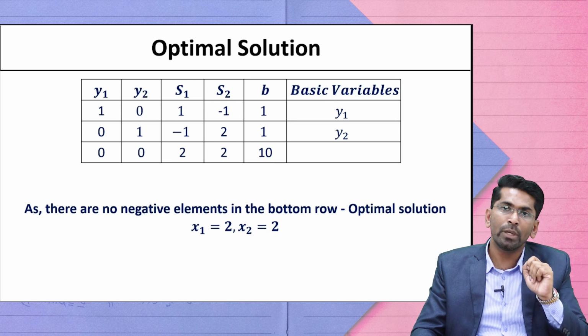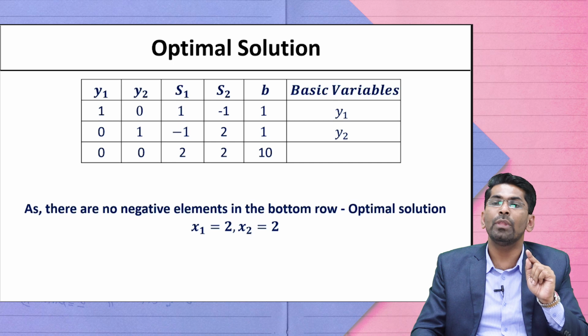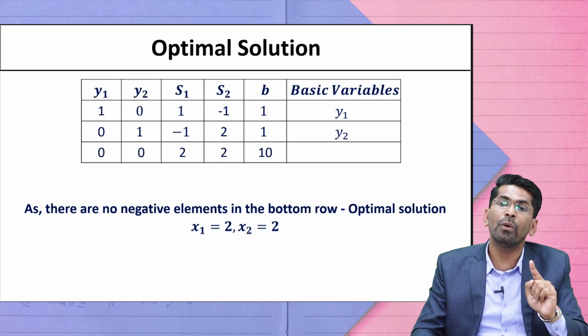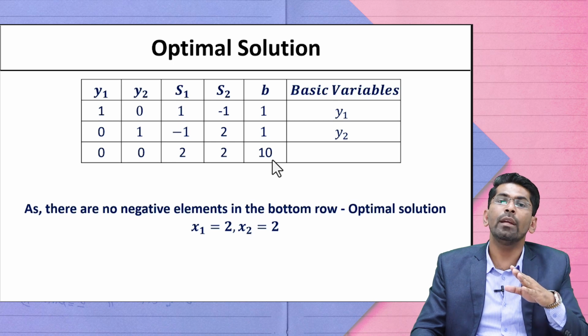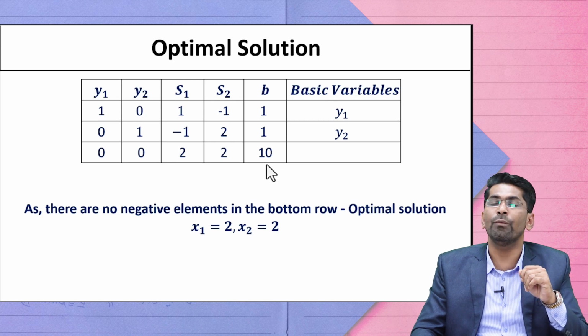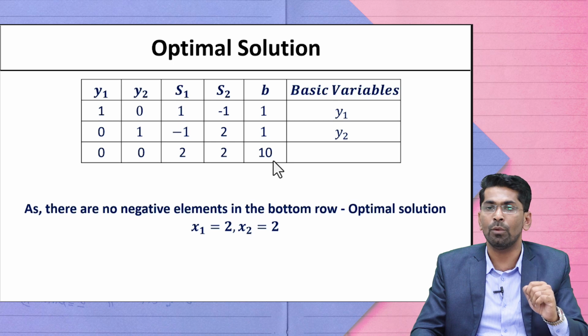Because one of the most important properties of duality is that the optimal value of the primal objective is equal to the optimum value of the corresponding dual objective function. So here the value of z is 10, therefore the corresponding dual also has the same optimal value, 10.